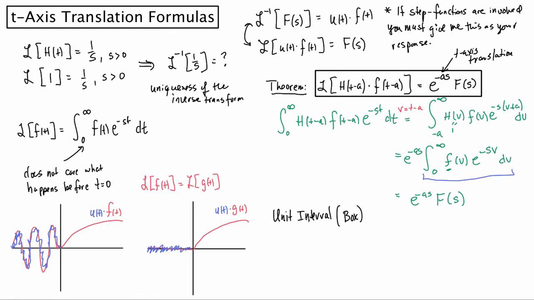So the unit interval or unit box function is given by the function h of a b of t, but it's defined as the interval here where you'll get 0 for t less than or equal to a, 1 for t between a and b, and then it's 0 for t after b.